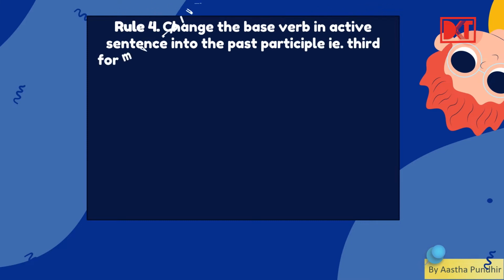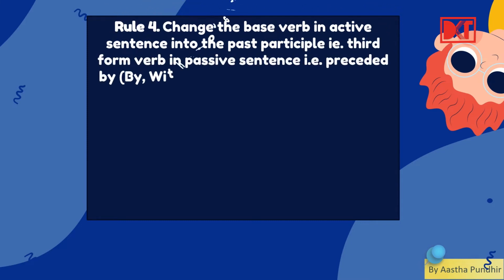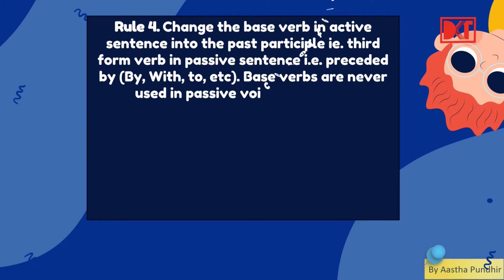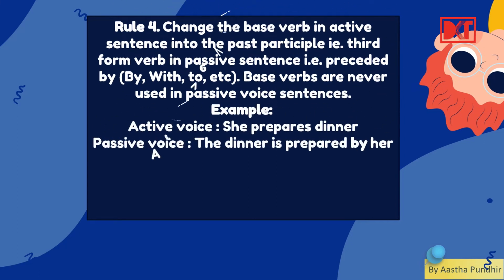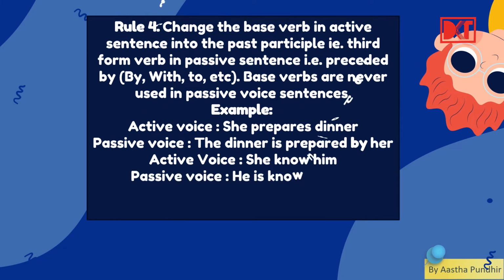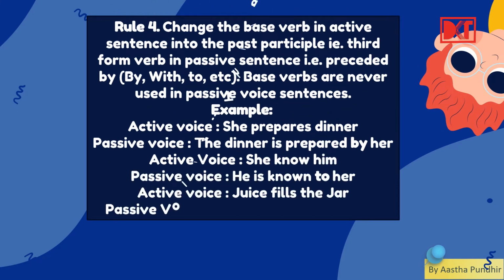Okay, so here now we have the next category of rules. Here it says, rule 4 says change the base verb in active sentence into the past participle. This is a very important rule.